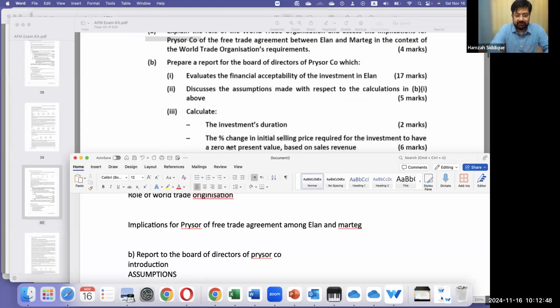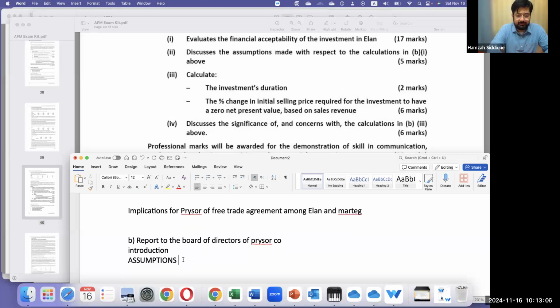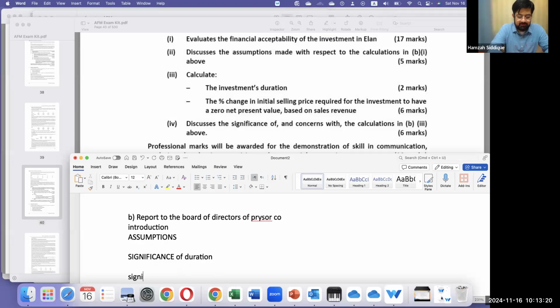assumptions. Then, the next is the significance of the calculation made. So, assumptions, and significance of duration. Significance of sensitivity analysis, for sales, selling price.